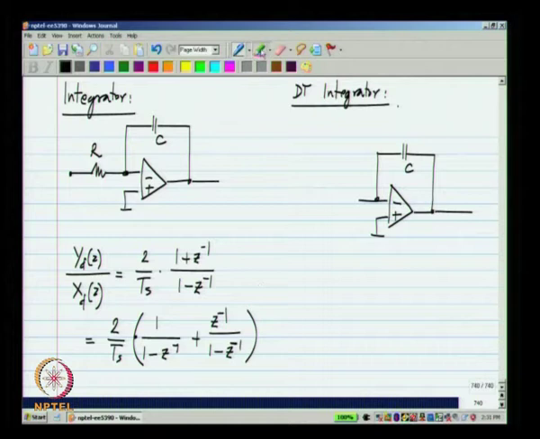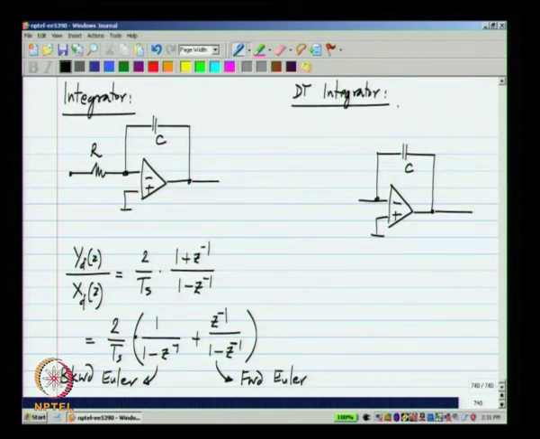And in fact, if you work out the forward and backward Euler, they will correspond to each of these terms. Okay. So, this is the backward Euler and this is the forward Euler. Okay.